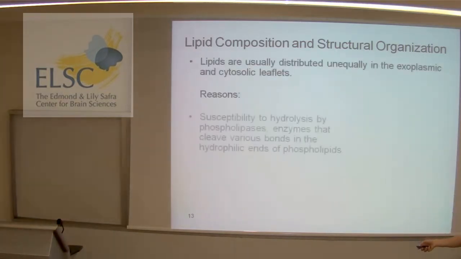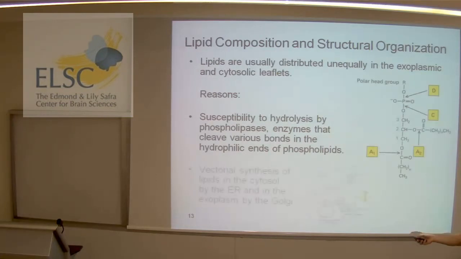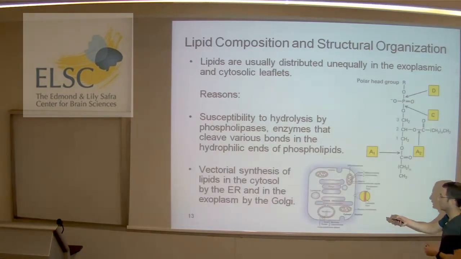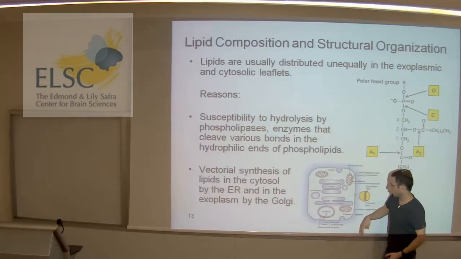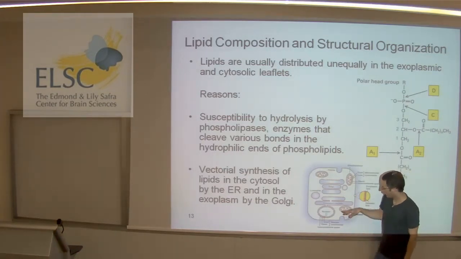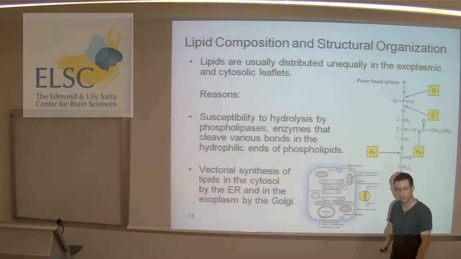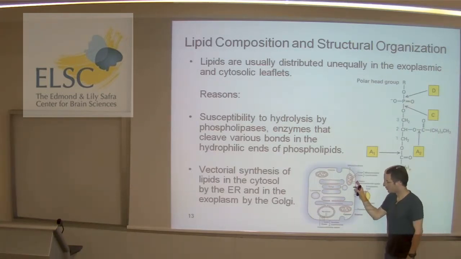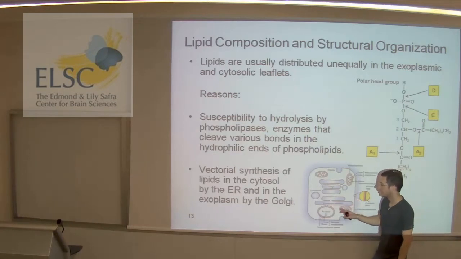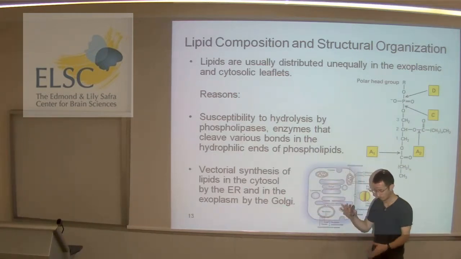So that's the first determinant, and the second is what is called the vectorial synthesis of lipids. So very briefly, cytosolic lipids are synthesized inside the endoplasmic reticulum mostly, and lipids that are embedded in the exoplasmic layer are synthesized in the Golgi mostly.